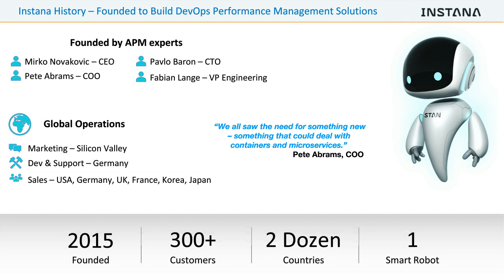So our founding team has a lot of strength in this space. And actually, the way that it gets described to me by one of our founders, our Chief Operating Officer, Pete Abrams, is that all four of them kind of came to the same conclusion around the same time, which was there's this whole new world of technology coming down the application path, and the management tools are not in any kind of state to deal with it.